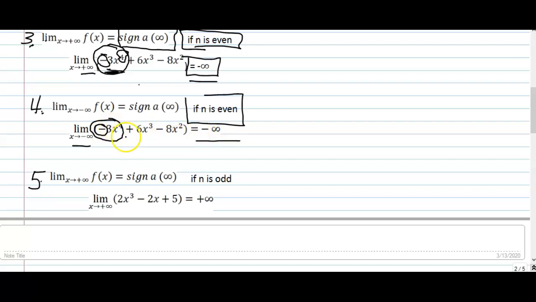And again, we're not concerned with these other two terms in this polynomial function, because the value of this function is going to be dominated by the greatest power of x that appears in that polynomial function.